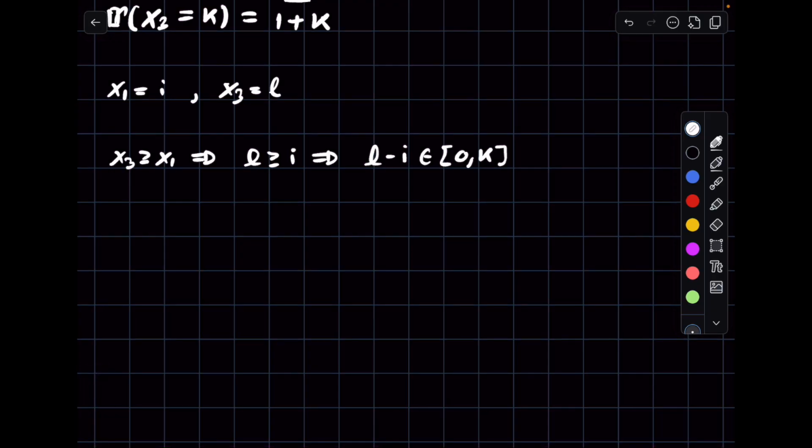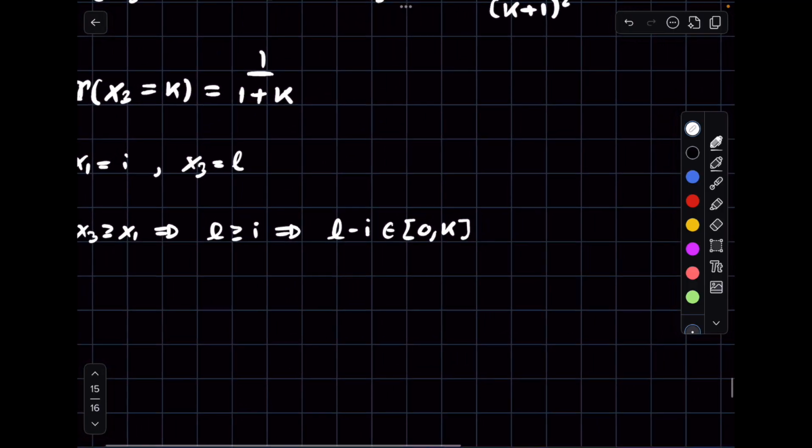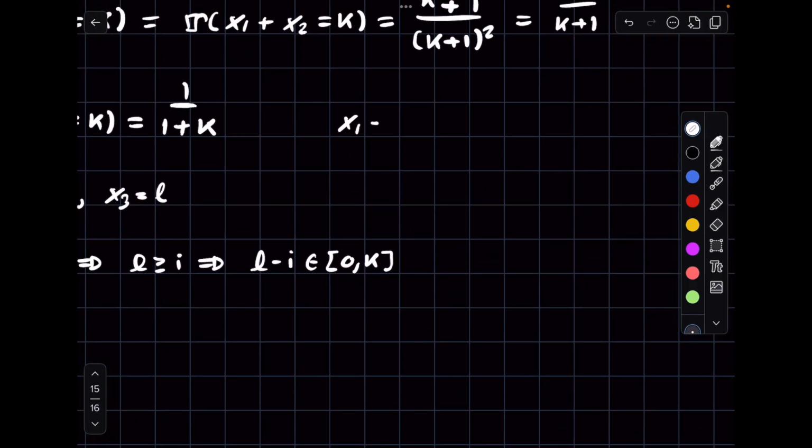Then we have the other case, right, which states, hold on, let me just see, yeah. So we know for a fact that x1 and x2 equals x3. So we know that x2 for a fact is x3 minus x1.